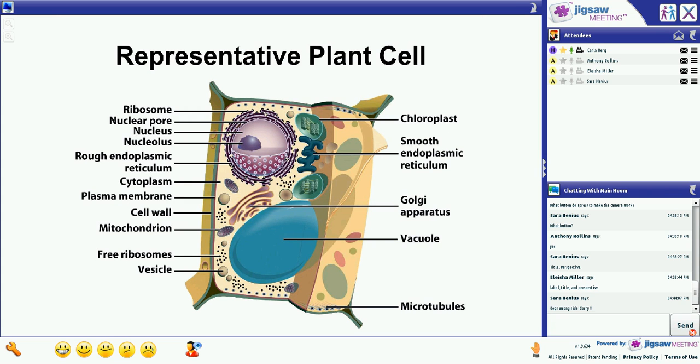And here's a representative plant cell. Let's take a look at this and try to think in your mind a comparison between the two.